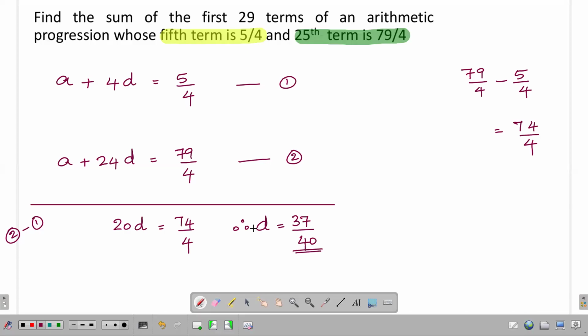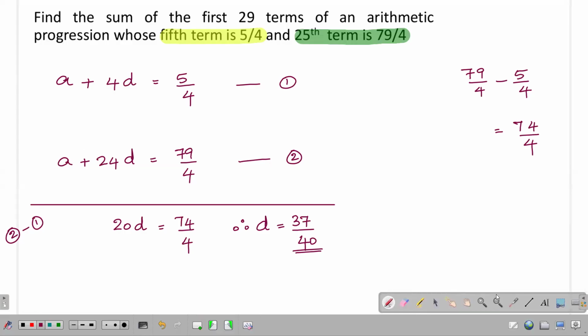Substitute this d in equation 1 or in equation 2, and you can get the value associated with the first term, that is a. Let me put it in the first equation. First equation implies a plus 4 times the common difference, 37 upon 40, is equal to 5 upon 4.